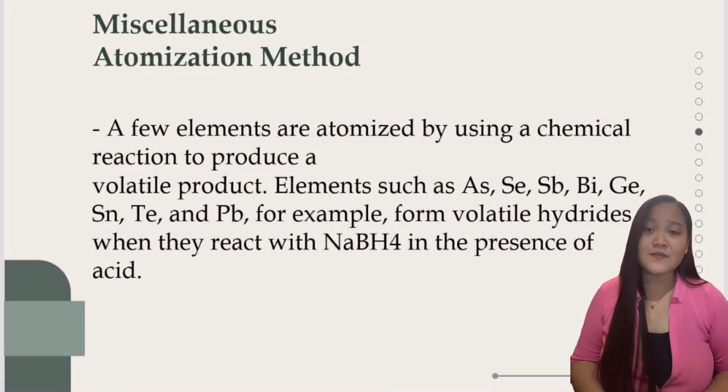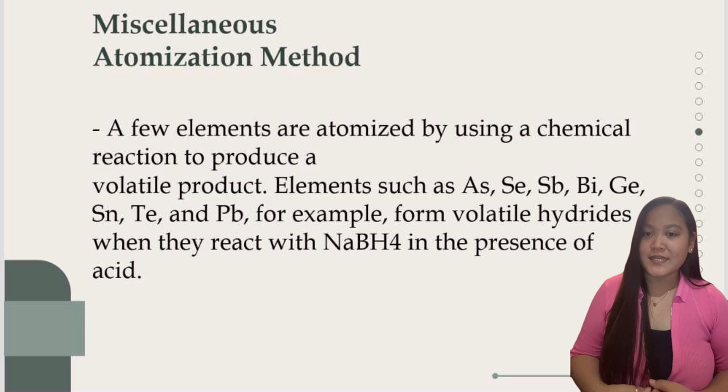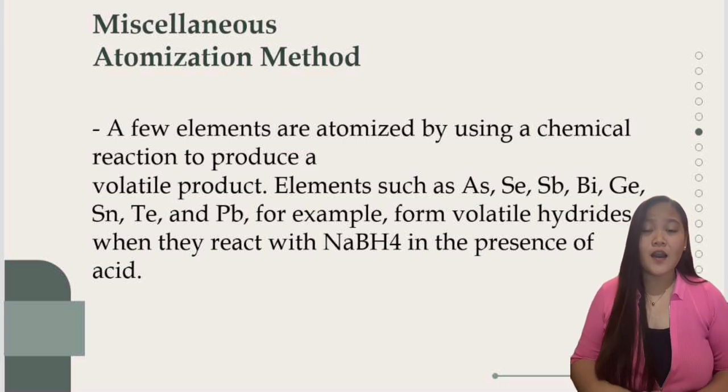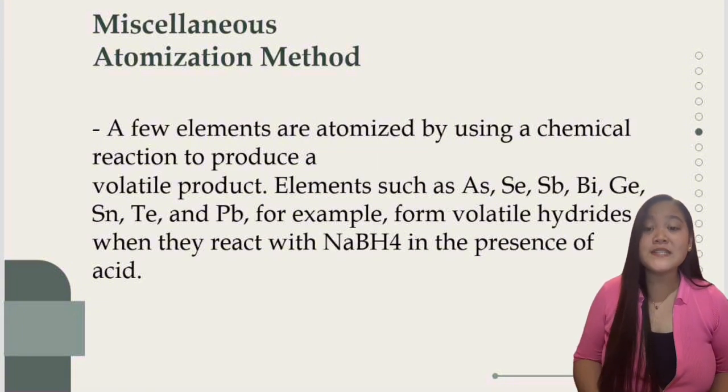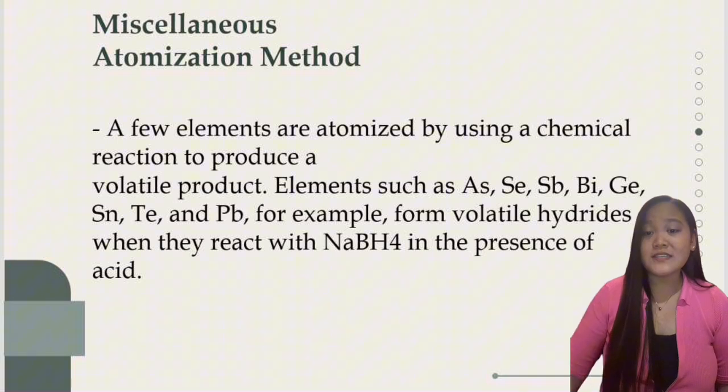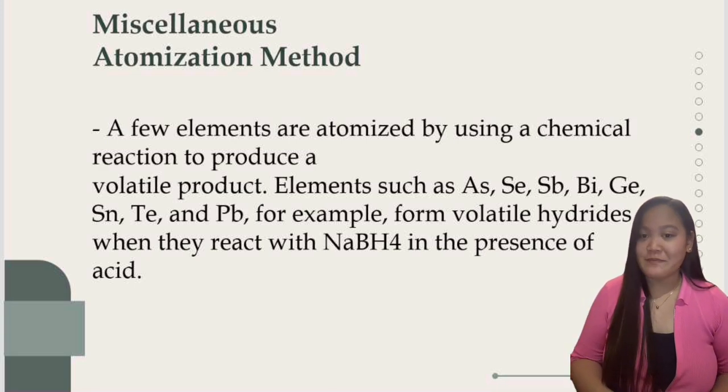So in science, sometimes we want to study individual atoms of an element, but getting them to separate can be tricky. So that's where atomization comes in. It's like breaking apart a crowd to see each person clearly. So most atomization methods involve high heat, but there are special techniques for some shy elements.